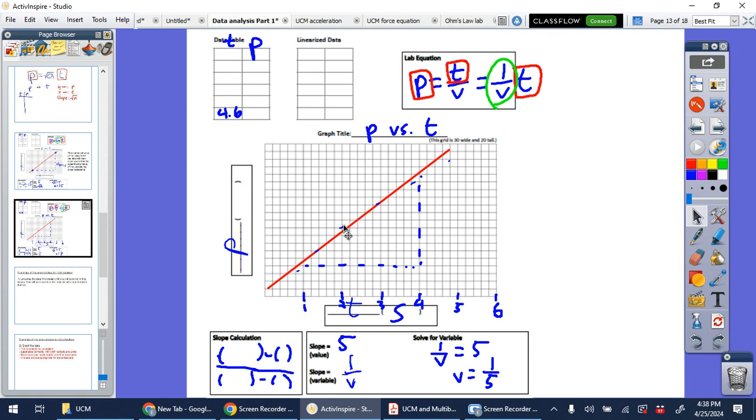So they're not really valid representations of what your overall data was showing. So you are looking for grid points that the line goes through. So hopefully you can find somewhere in this line some sort of grid point that it goes through at one point and some sort of grid point it goes through at another point. Try not to use 0, 0. Try to find 2 grid points that it goes through. All right.